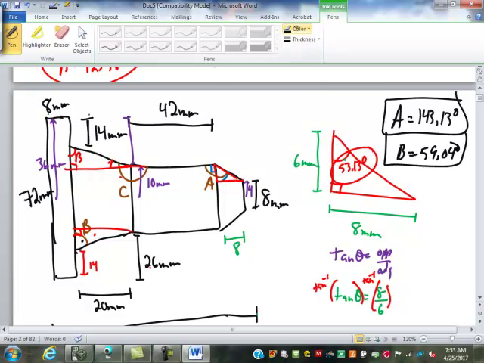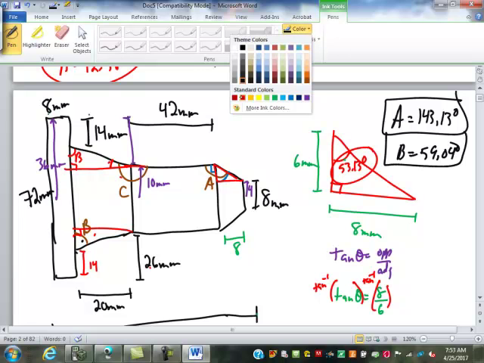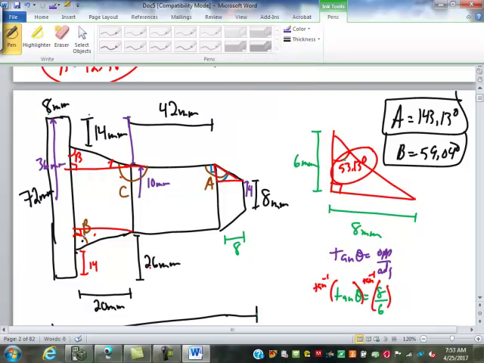If that's 59.04 degrees here, right there, what's this angle have to be? 90 minus that, right? Or 180 minus 90 minus that. That's going to be 30.96 degrees.